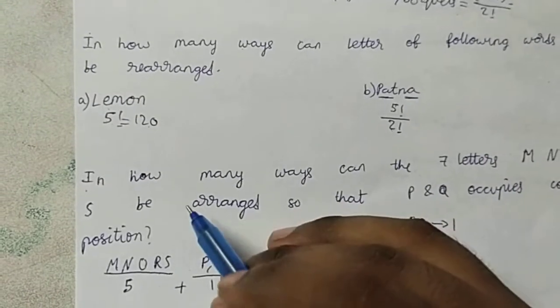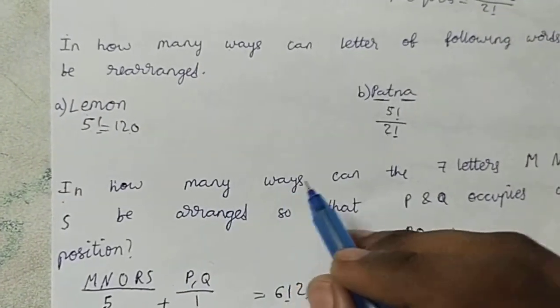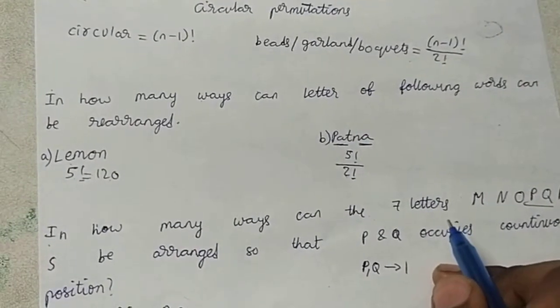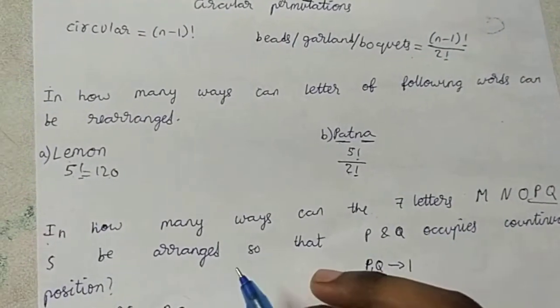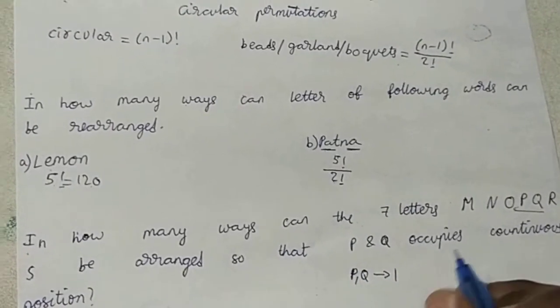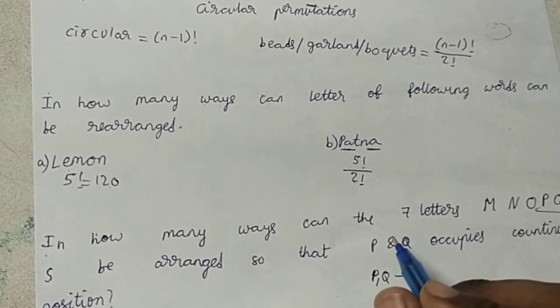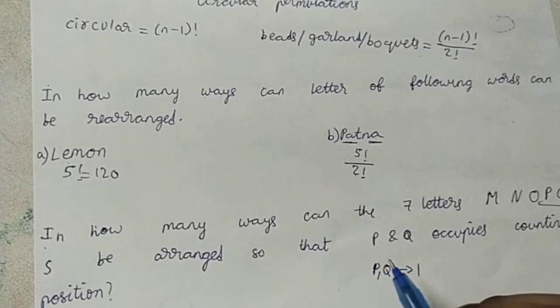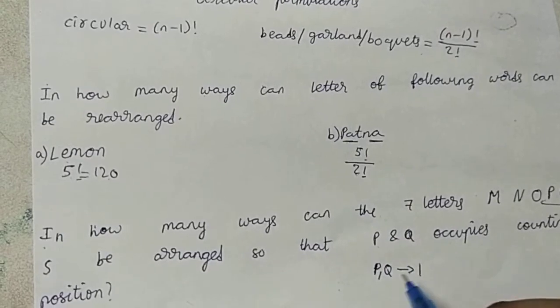They also ask questions like, in how many ways can the 7 letters M, N, O, P, Q, R, S be arranged so that P and Q occupy continuous positions. Since P and Q occupy continuous positions, P and Q together count as 1.